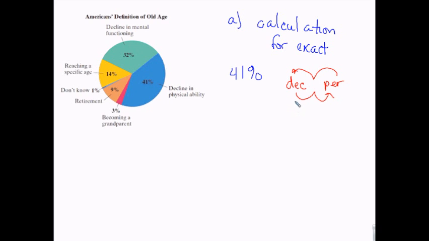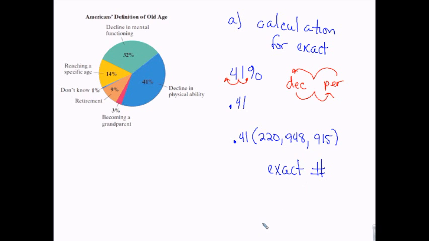So it worked out nicely that they're alphabetical. So I'm going from a percent to a decimal, so 0.41. And to do the exact amount, I would do 0.41 times 220 million 948,915 would be my exact number. That would be how you calculated that.